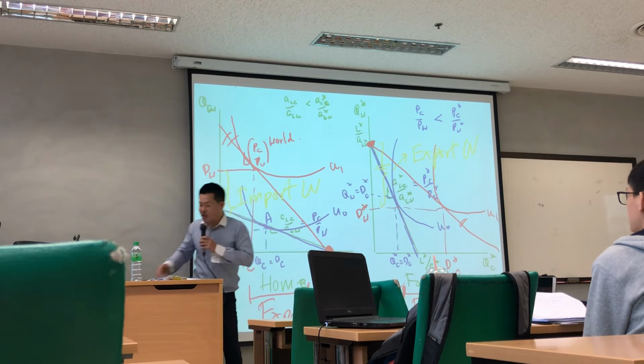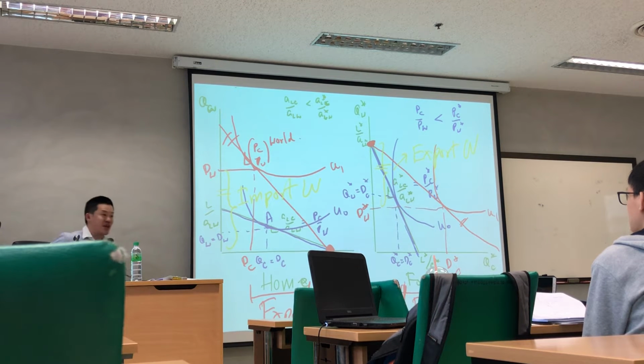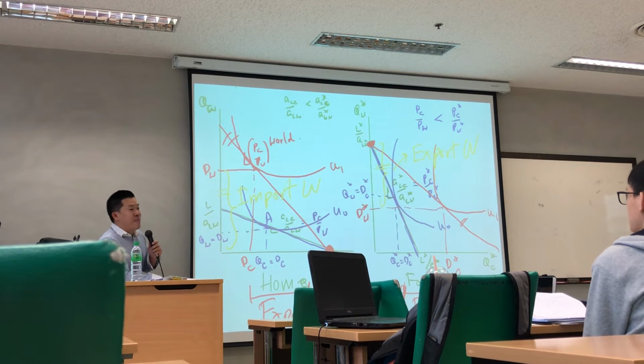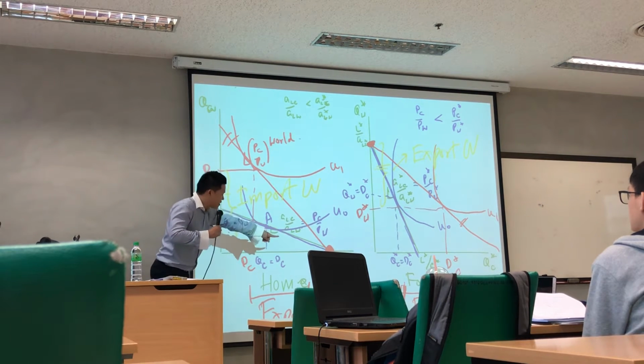So what happens after trade? After trade, home produces only cheese. Home producing only cheese means home has complete specialization in cheese production. So after trade, home produces only cheese.